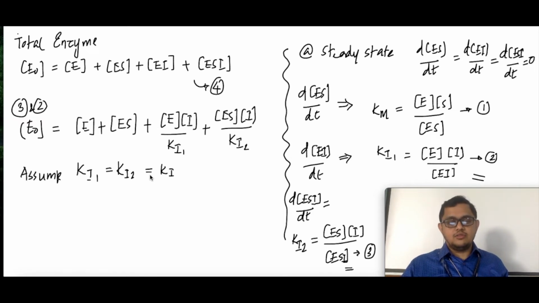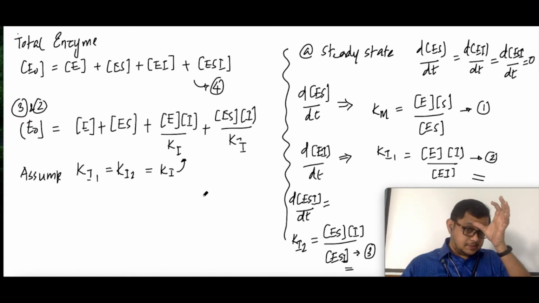That's why we are assuming it as Ki. So in that scenario, the equation becomes with Ki, right.